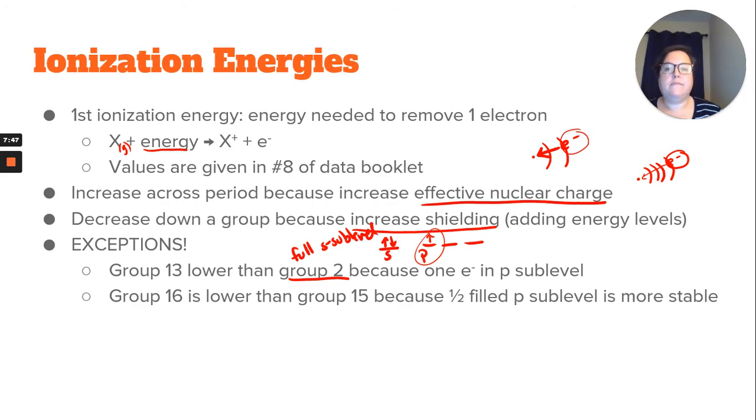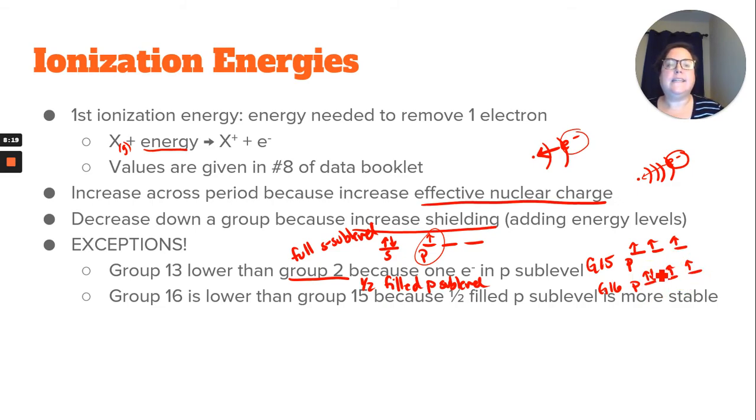We see this same phenomenon happen at group 15. So group 15 has a half-filled P sublevel. And so for group 15, the P sublevel has 3 electrons in it, and they're all unpaired, where group 16 has 1 pair of electrons, and then 2 unpaired.